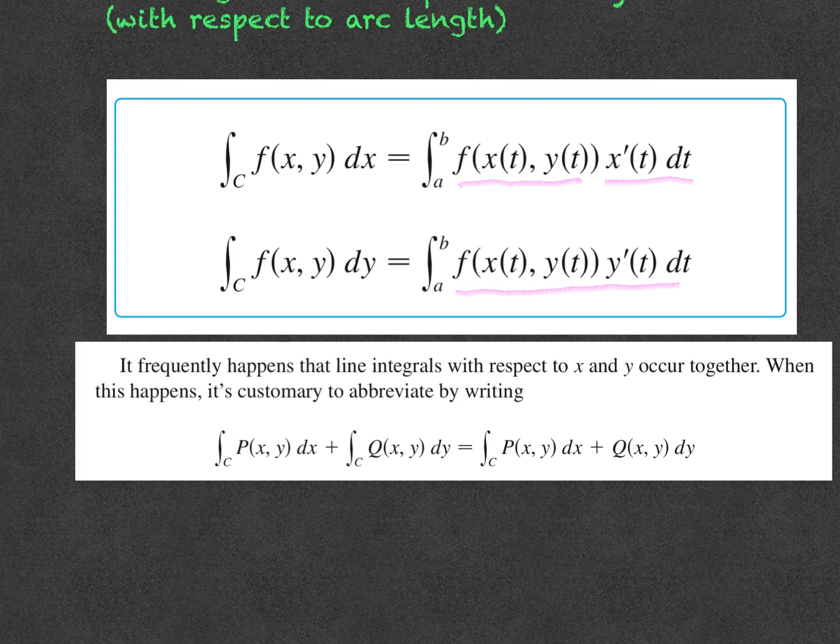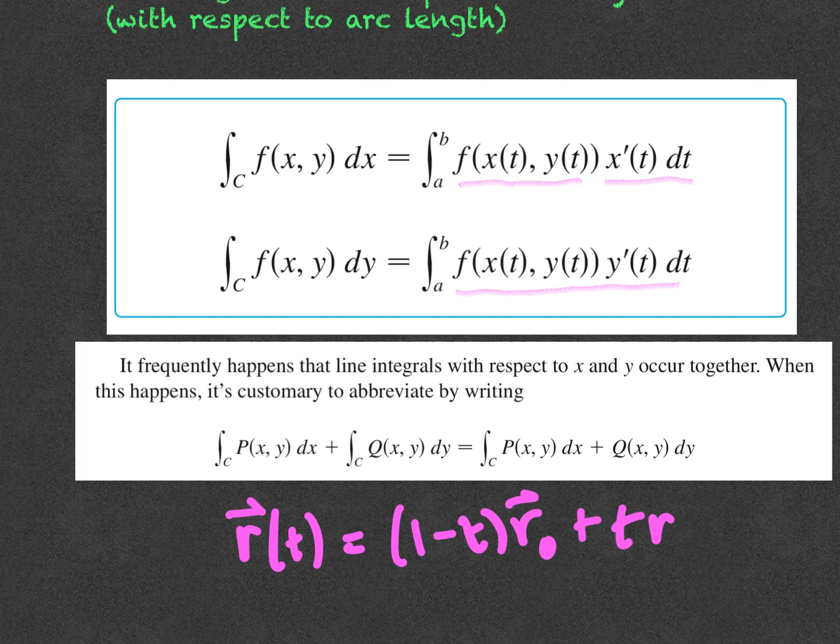So remember the stuff we learned back in chapter 12. r of t is equal to (1 minus t) times r sub 0 plus t times r sub 1, and t is between 0 and 1. That'll help you with your line segments, and we've worked with it since then.